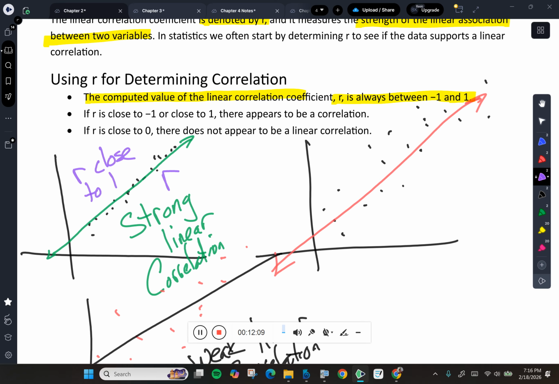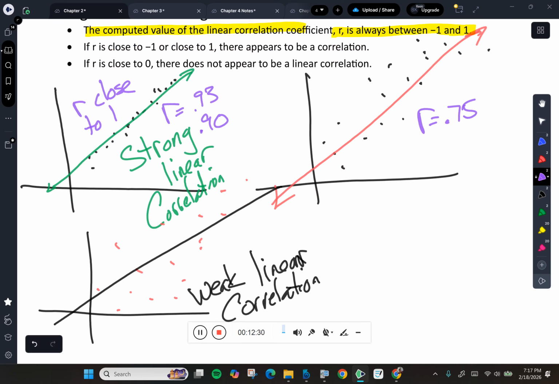So if I told you that this had an R of 0.93, yeah, that makes sense. Or maybe 0.90, that would be good. The one over here in red on the right isn't quite as good. So this might have an R of maybe 0.75, a little bit further away from 1, but still not bad. As it gets weaker, that R is going to get smaller, like maybe this might only be 0.43 or something like that.